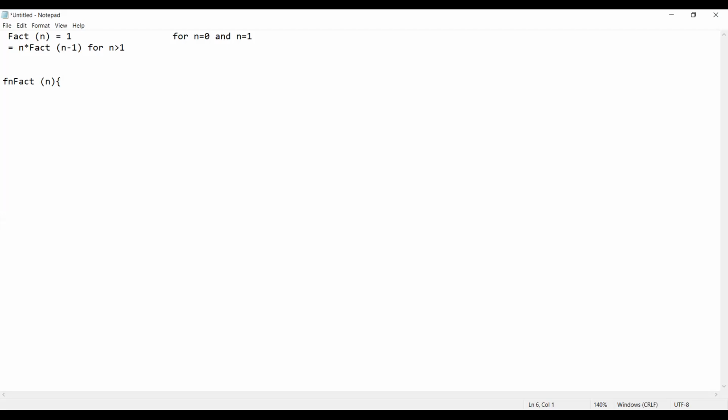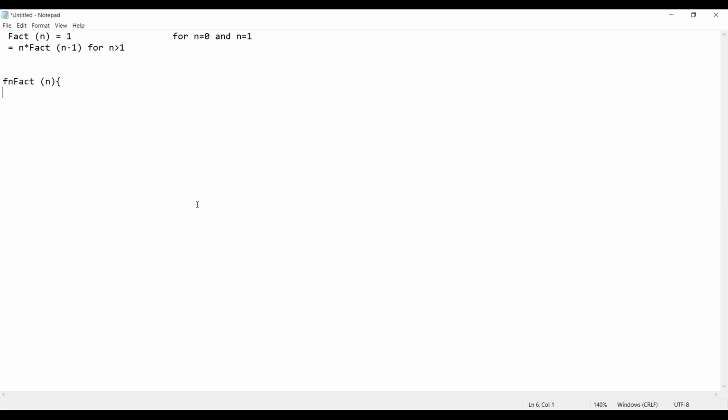The purpose of this algorithm is to calculate the factorial of a positive number, where n is the given number. This function returns -1 for a negative value of n, otherwise it returns the factorial of n. So at first we have to check whether the n value is less than 0 or not, that is, whether n is negative.